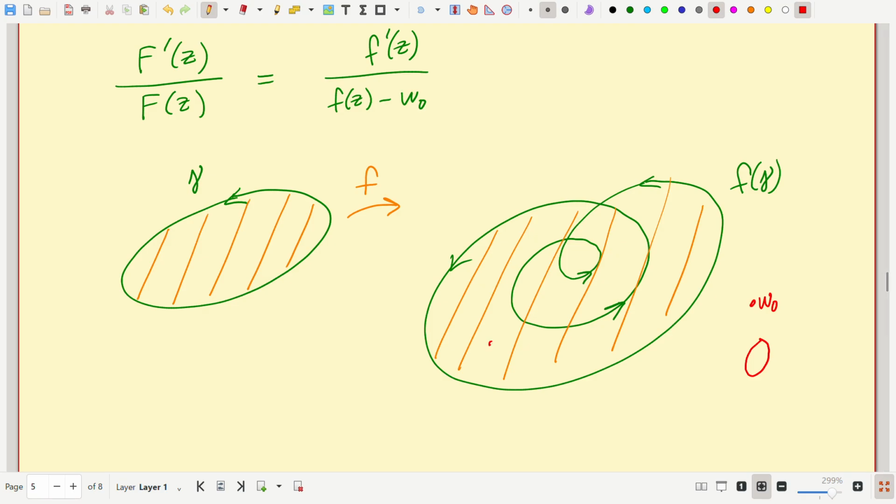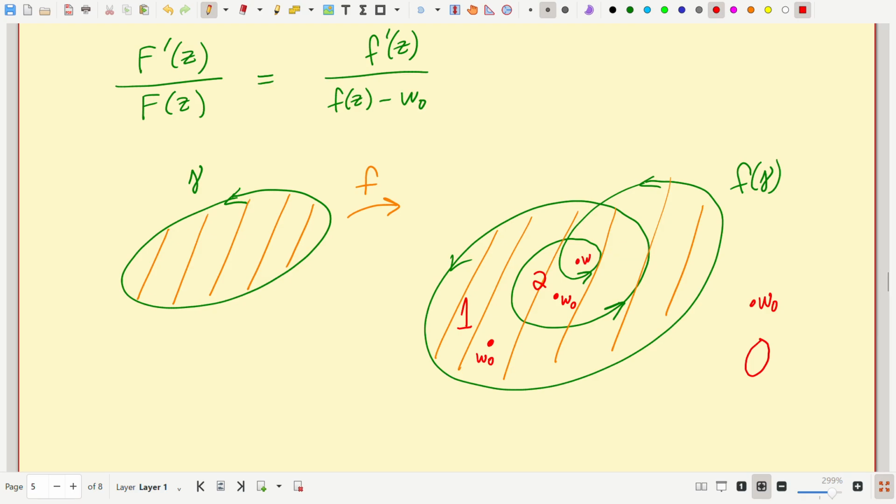If it's in this region here, it gets hit once. All the w's in that region get hit exactly once, with multiplicity 1. Everything in this region gets hit twice, even when you add up multiplicities. And everything in this region gets hit 3 times.